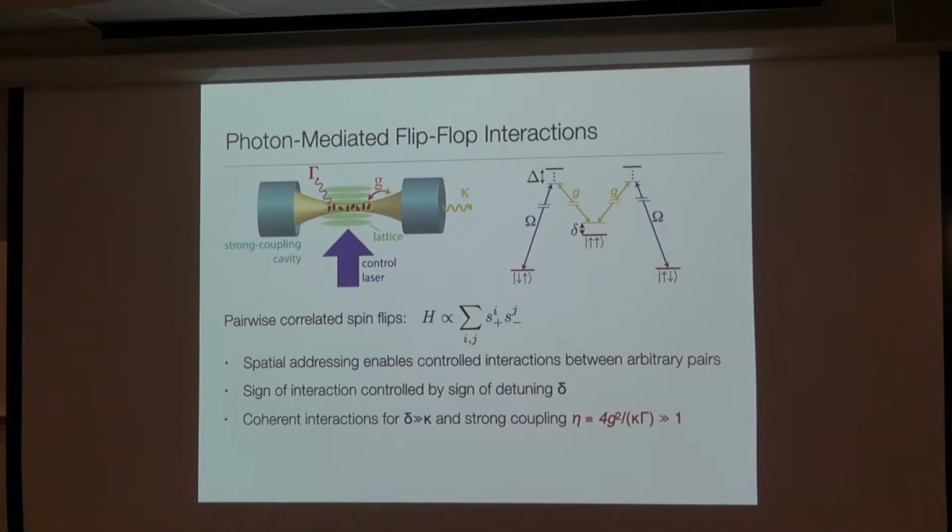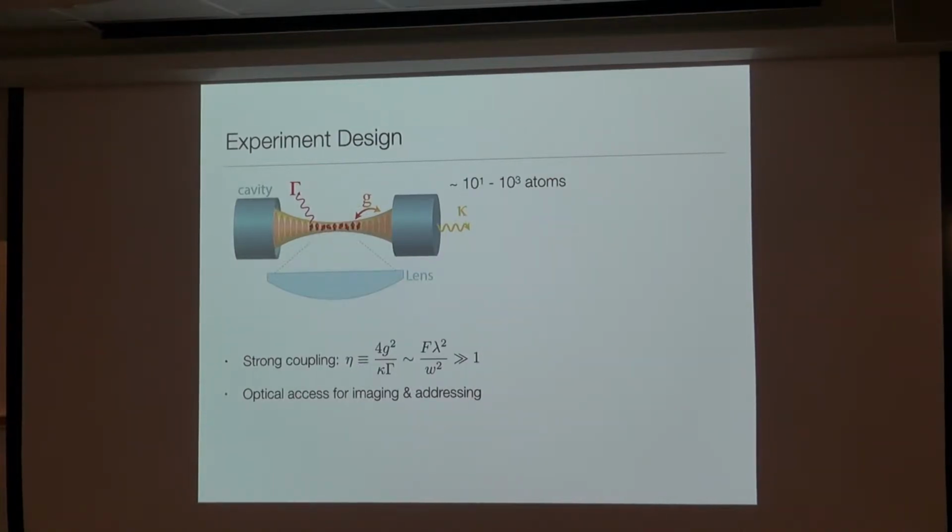So if you put these requirements together, of having spatial access to the system and coherent interactions, it forces you into a tricky regime of cavity QED. Right, so you want essentially to confine light tightly.